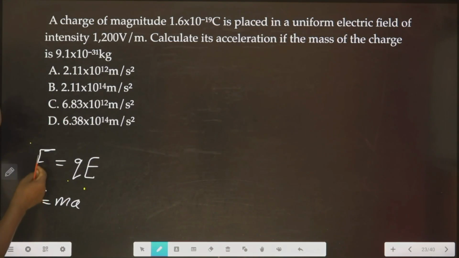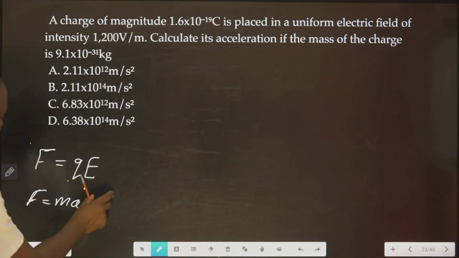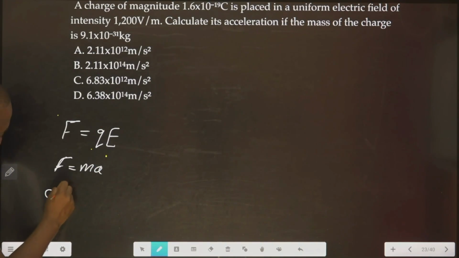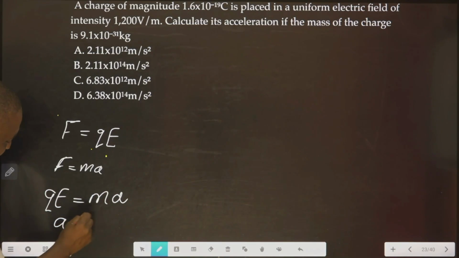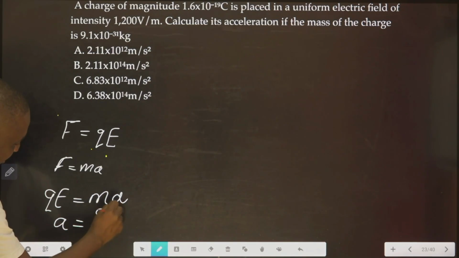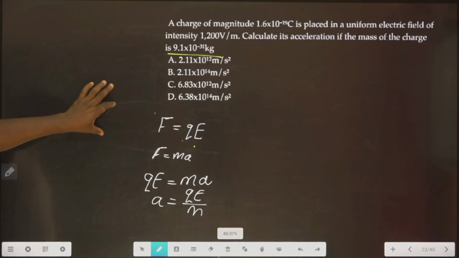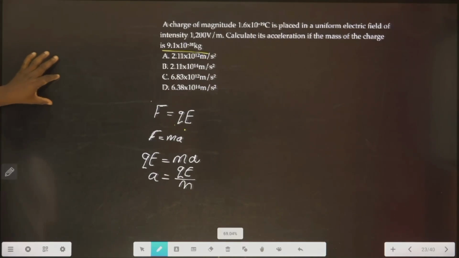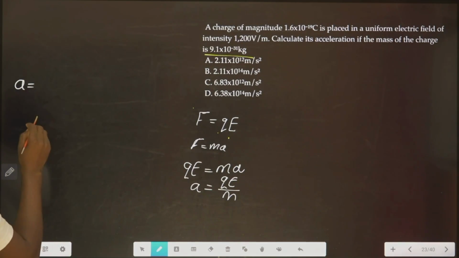And as you can see here, we are not given any force. All we can do is to equate these because they are equal. So therefore, we can say qE is equal to ma. We are looking for a. A therefore is qE over m. Now, to move forward, we need to substitute here. A is equal to, what is the charge?